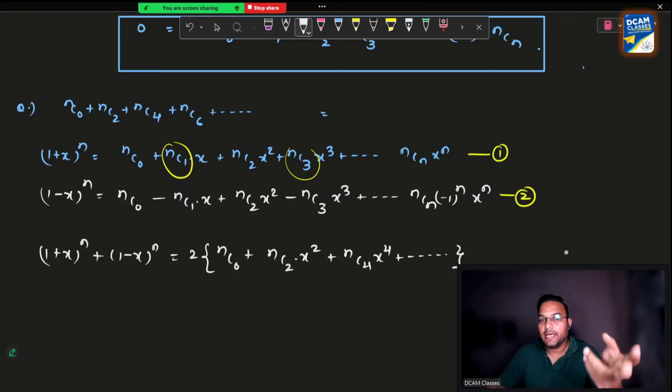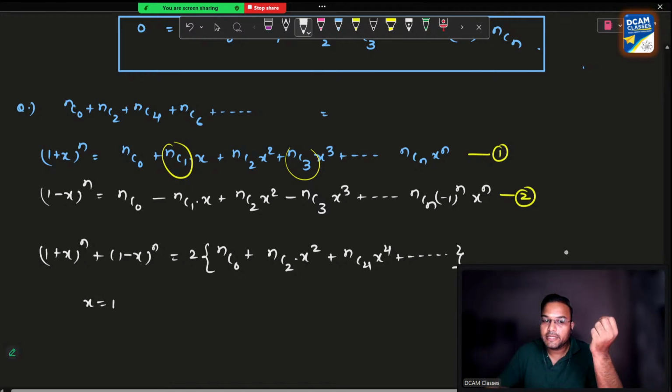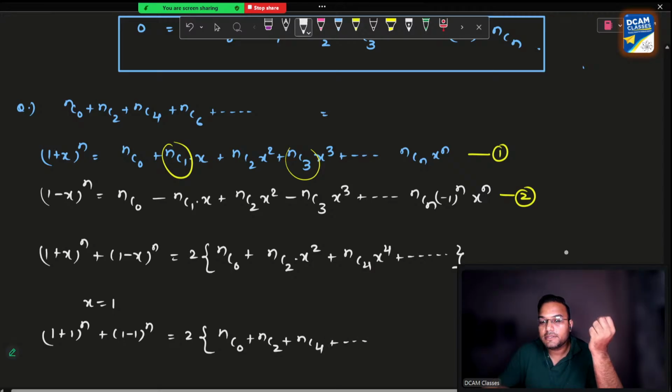But x terms are not there. Put x is equal to 1 on both the sides. You'll get (1 plus 1) whole power n minus (1 minus 1) whole power n is equal to 2 into (nC0 plus nC2 plus nC4 plus and so on).